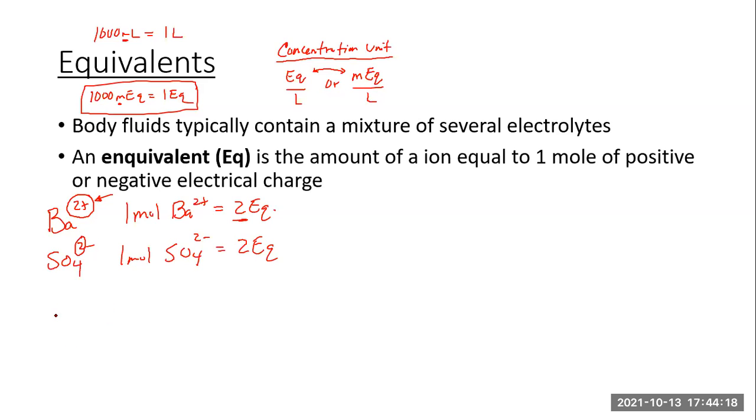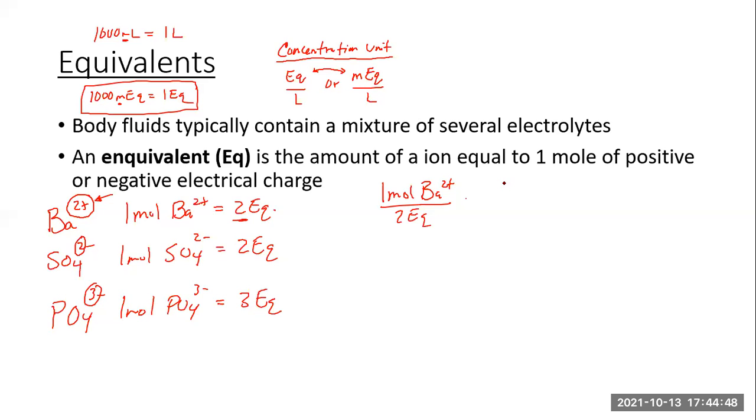If you had phosphate, 1 mole of phosphate gives you 3 equivalents, again the 3 coming from the number in the charge. And just like any equality, we can use these as conversion factors. For example, in 1 mole of barium, there are 2 equivalents.